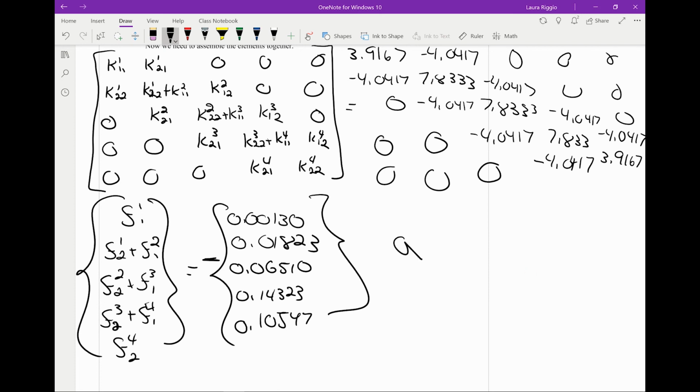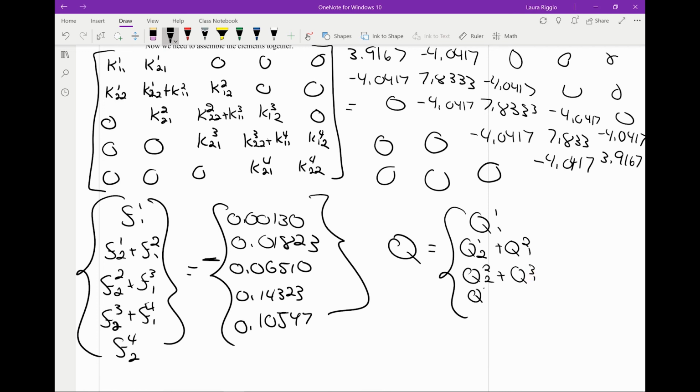And Q would equal Q11, Q12 plus Q21, Q22 plus Q31, Q32 plus Q41, and Q42.